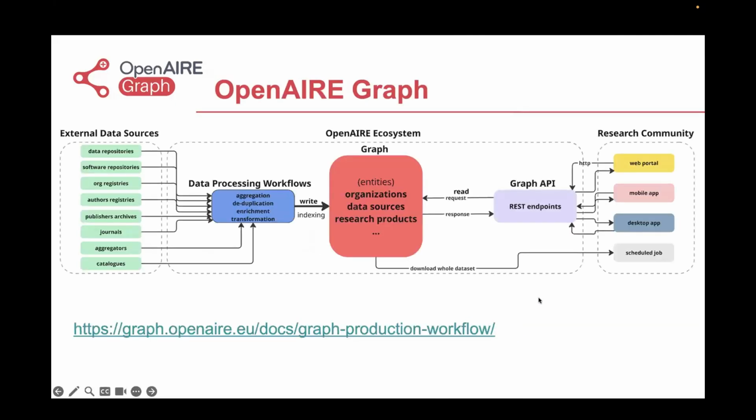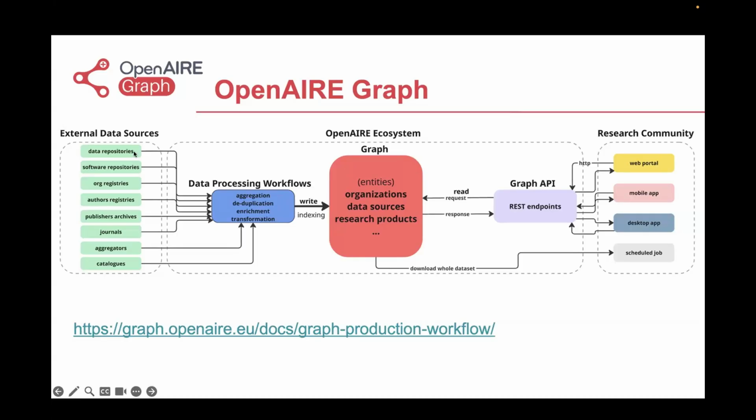So graph, what is it? Well, the short explanation is a database. This is the persistence layer where we store all our data. And where do we get this data from?